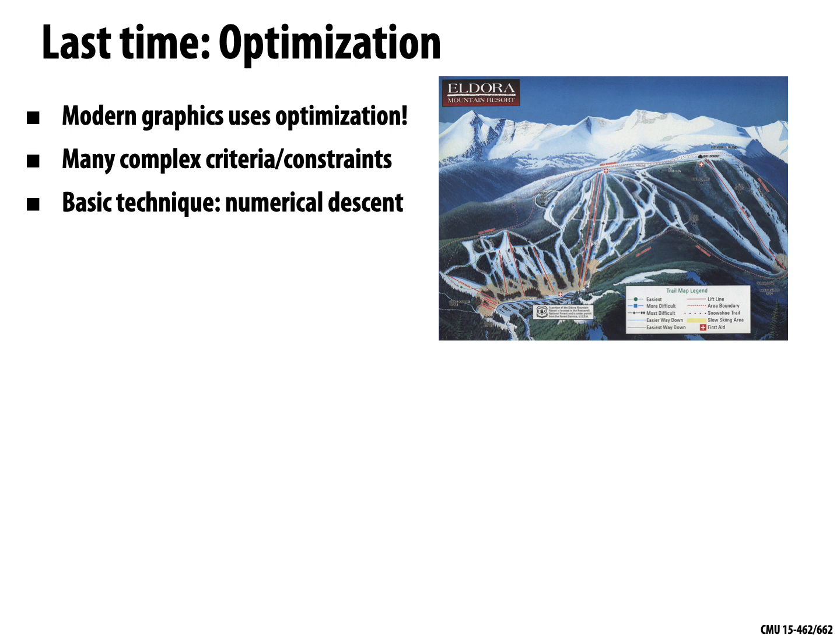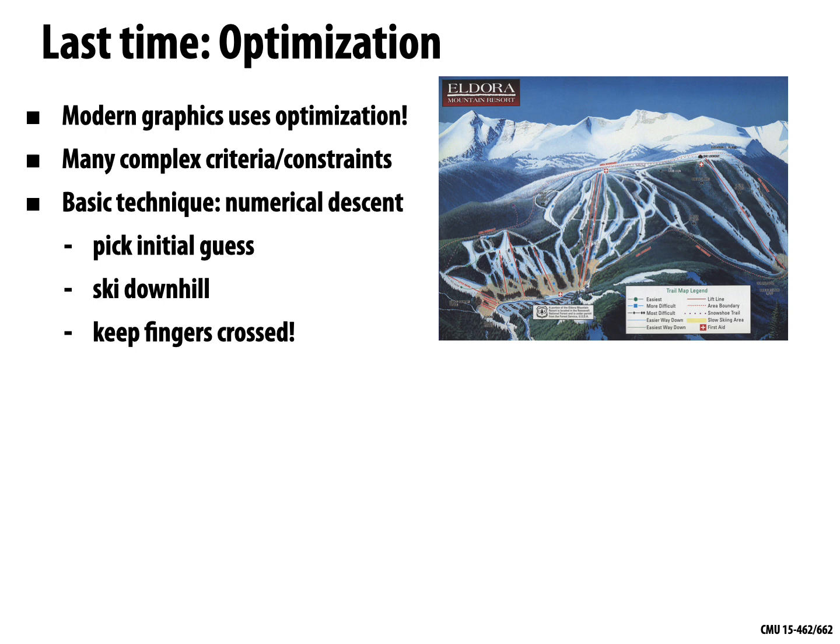We want to do some kind of numerical descent to minimize an objective function. So we pick some initial guess, we start skiing downhill, and we keep our fingers crossed that if we follow the downhill direction long enough, we'll get a good solution.